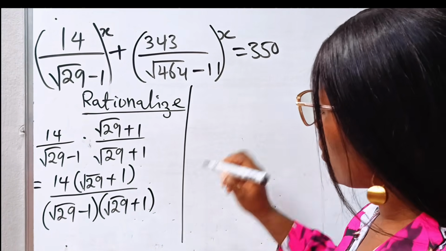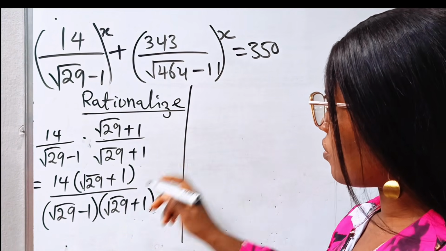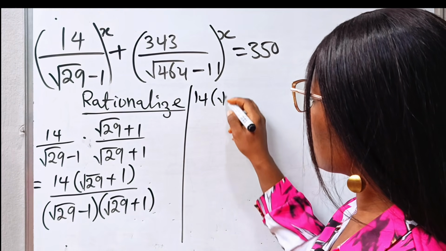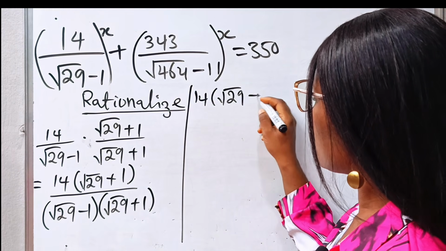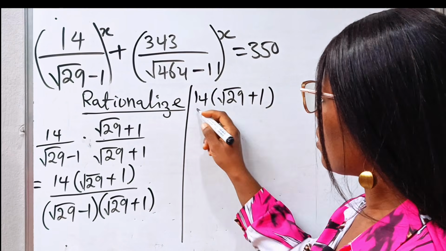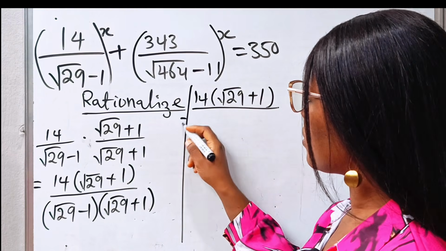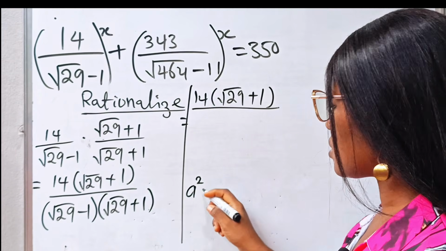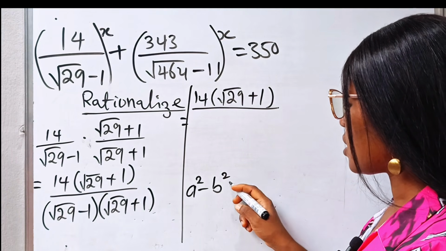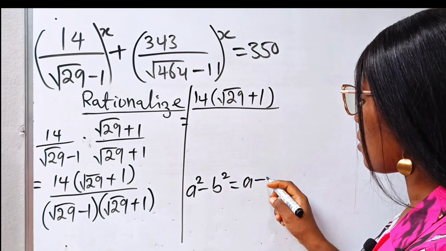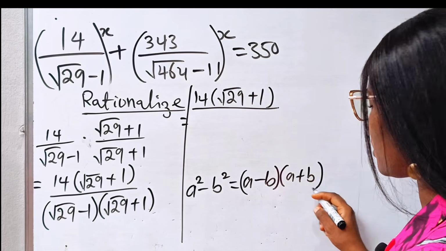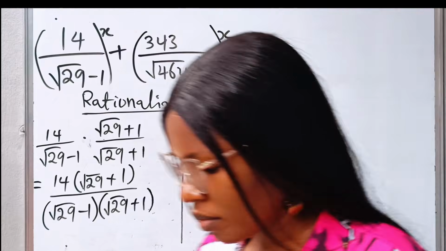So if we move further, we will have 14 bracket root 29 plus 1 divided by, now recall that a squared minus b squared is equal to a minus b multiplied by a plus b. All right.